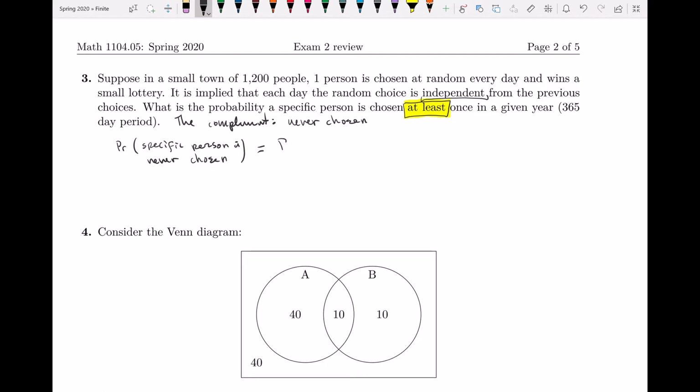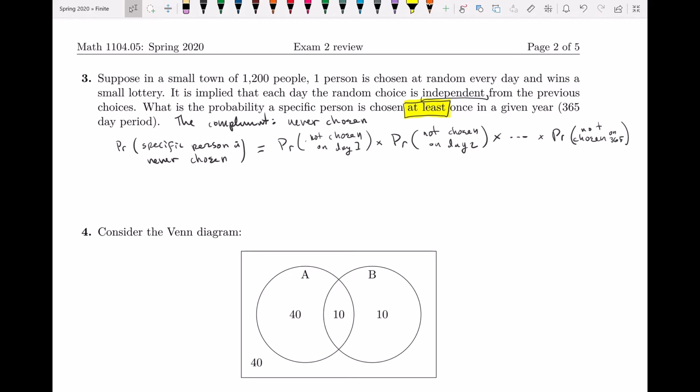So this equals probability not chosen on day 1 times probability not chosen on day 2 times, etc., up until probability not chosen on day 365.